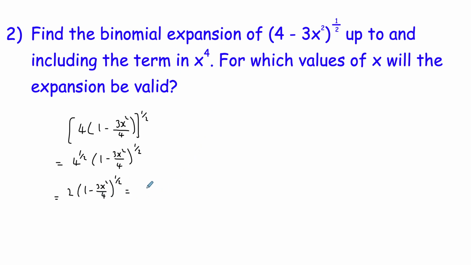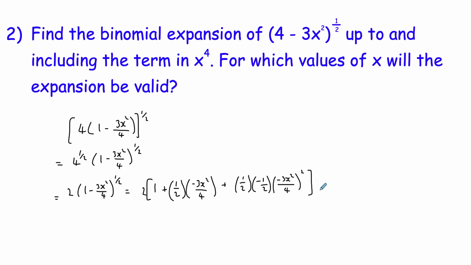Okay, so we have got 2 big bracket 1 plus n x, don't forget that minus sign, plus n times n minus 1 times x squared. And I'm going to stop there.